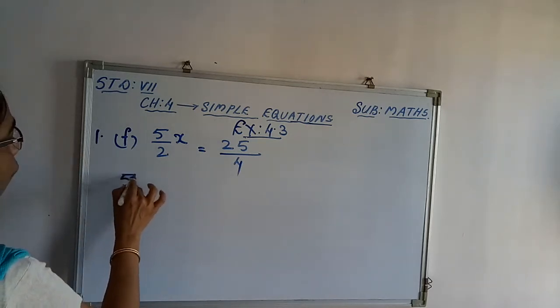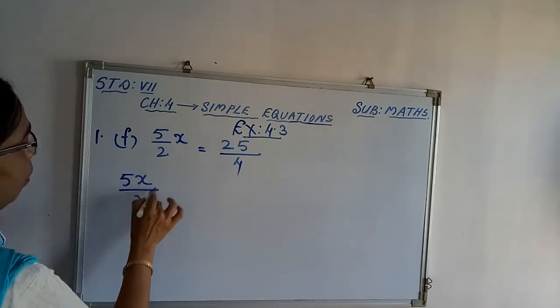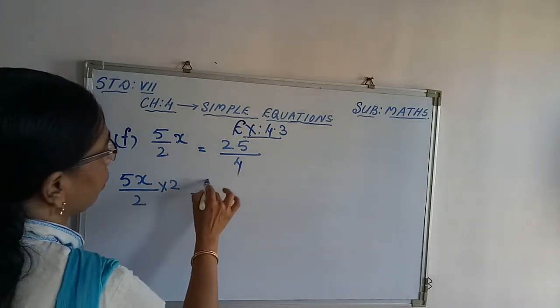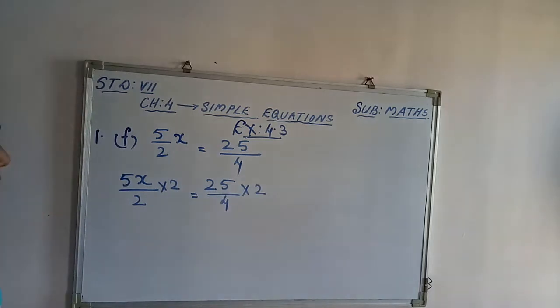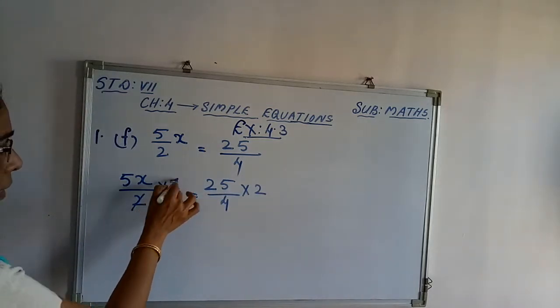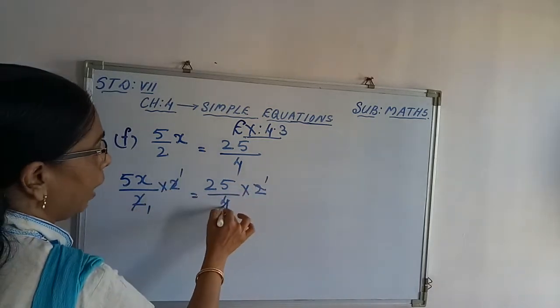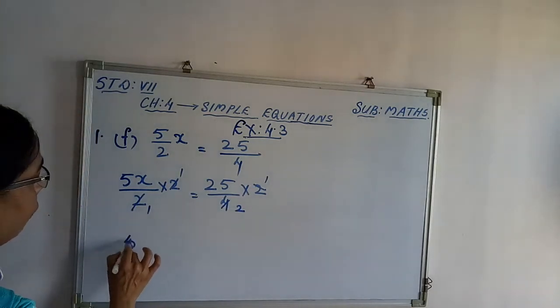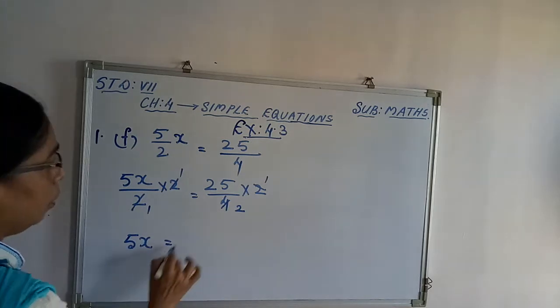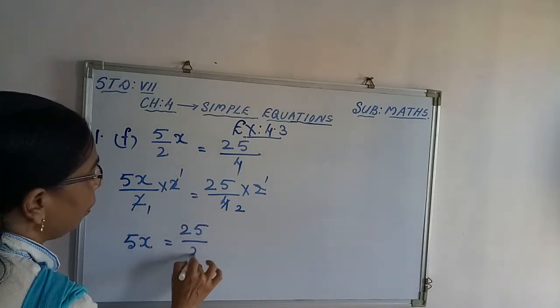So we get 5x upon 2 multiplied by 2 is equal to 25 upon 4 multiplied by 2. 2 and 2 get cancelled here. Here 2 ones are 2, 2 twos are 4. We get 5x is equal to 25 upon 2.